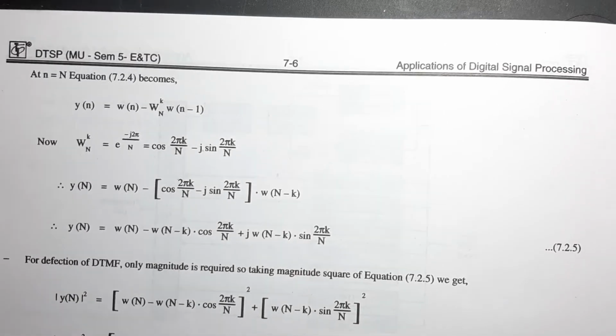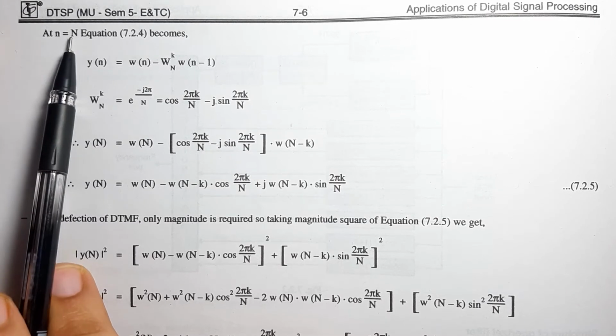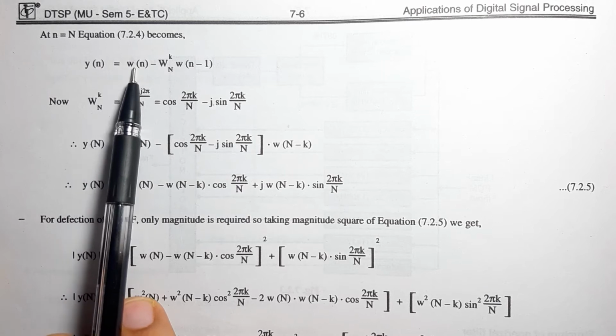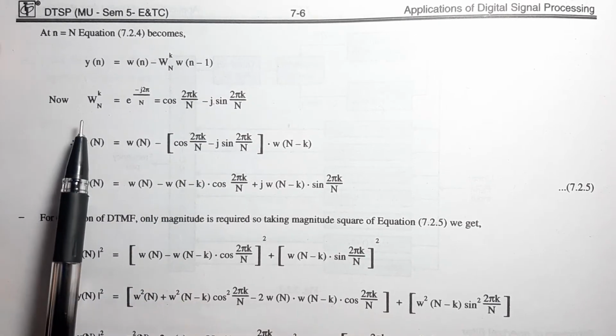At small n equals capital N, the equation becomes y(N) equals w(N) minus W_N^k times w(N minus 1). Now, what do we mean by W_N^k?